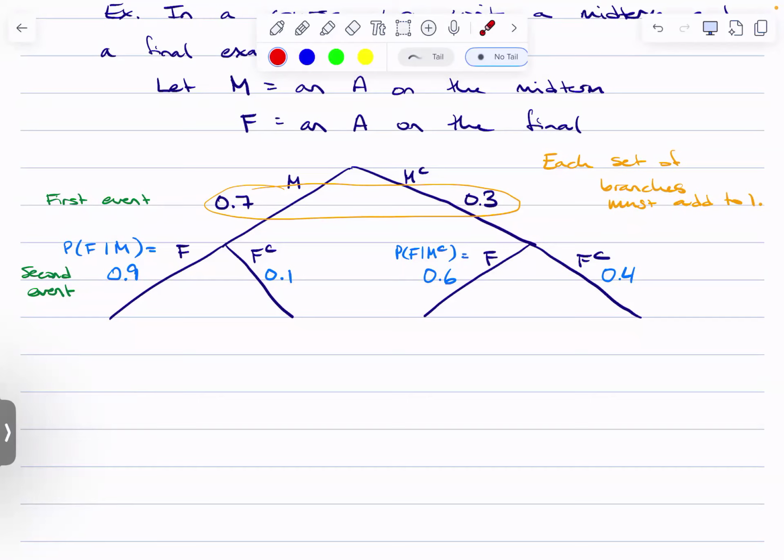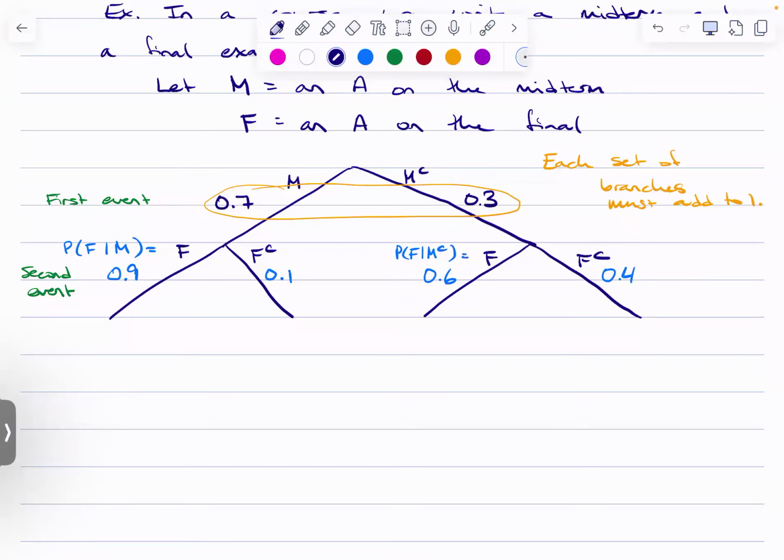Now, what's the benefit of a tree diagram? At the end, if you multiply down each of the branches, what you'll find is the probability of M and F. Then you'll find the probability of M and not F.